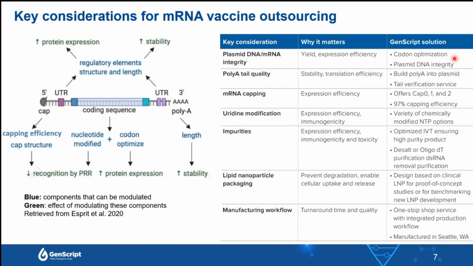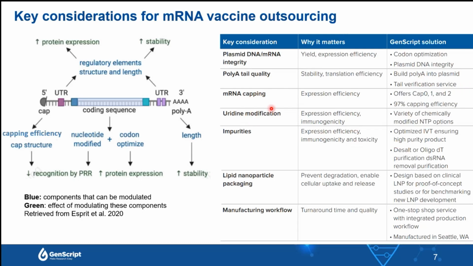So for the template of the mRNA, which is the plasmid DNA, we have plasmid DNA integrity guarantee. And also for gene synthesis, we have the codon optimization process. And for poly A tail quality, our way is to build poly A into the plasmid.